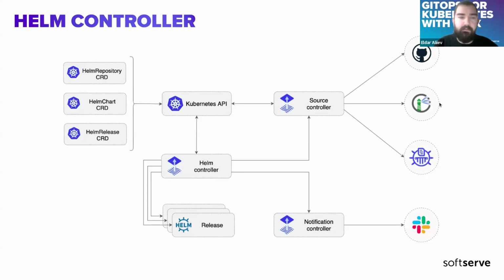You can also collect information about the charts from buckets like S3, from Git repositories, and so on. So it depends on how you configure the Helm repository. The source controller will grab this information and pull the charts for you, and the Helm controller will read the information about the release and make a Helm release. Probably it will just notify you if you have the appropriate policies configured. So it depends on how you deal with this.